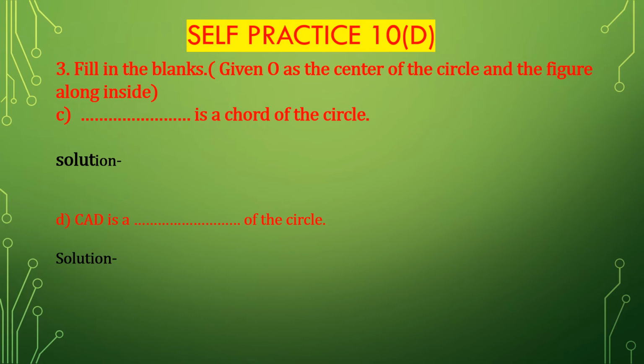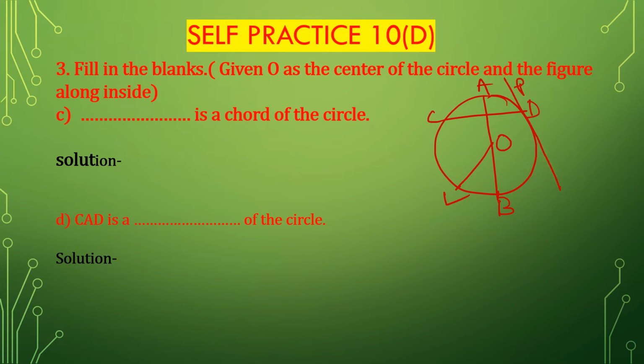Now third bit C. Dash is the chord of the circle. First draw the given figure. This is the circle and this figure is given. This is A, B, center O. This is L. This is C, D. And this is P, Q. We know chord is the line segment joining any 2 points of the circle.